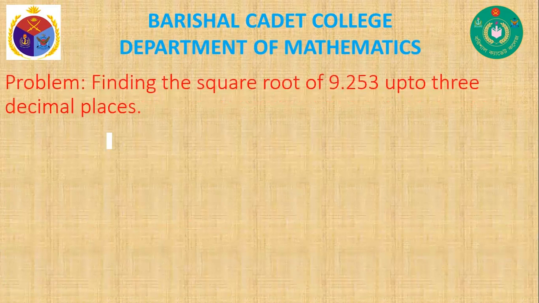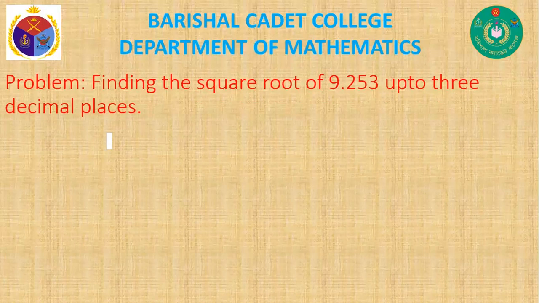So let's start for finding the square root of 9.253 up to 3 decimal places.